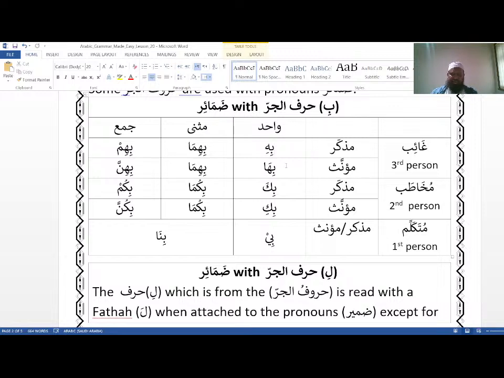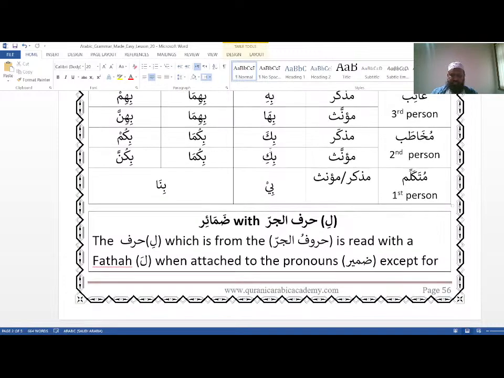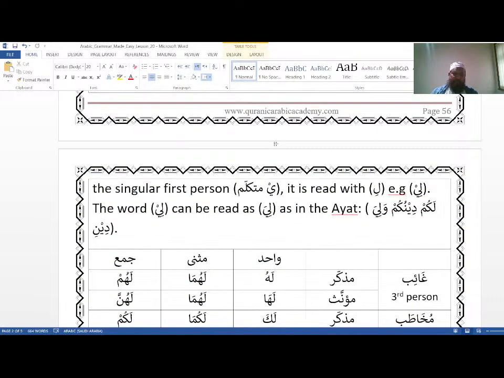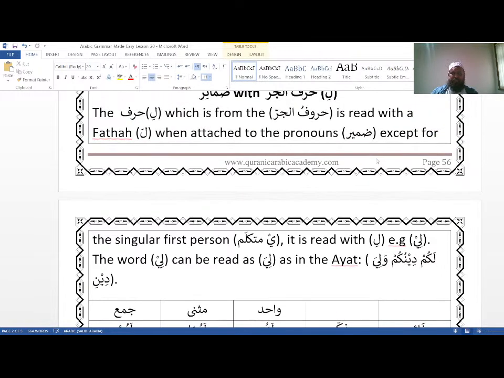Normal حرف الجر is with the kasra, but when we use it with ضميرs, the lam will have a فتحة. Let's go through them. Except for the singular first person يا متكلم, which is read with lam kasra, like li.